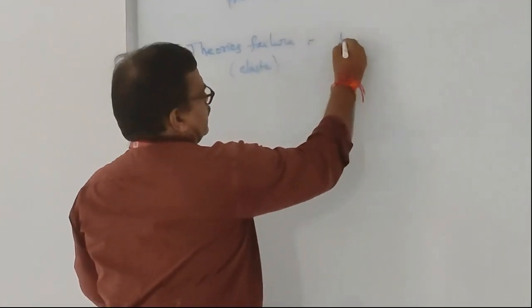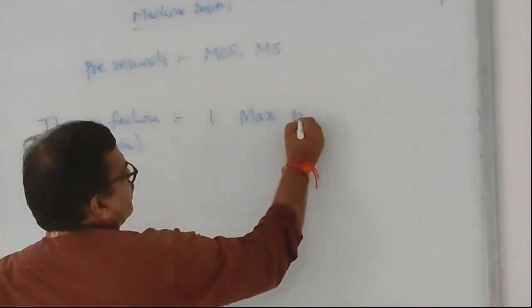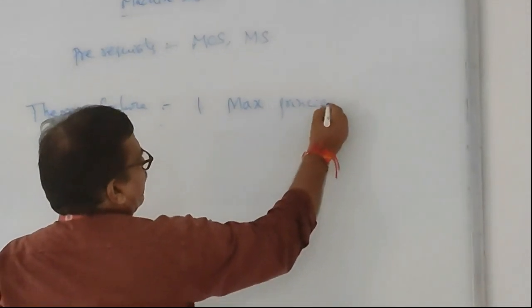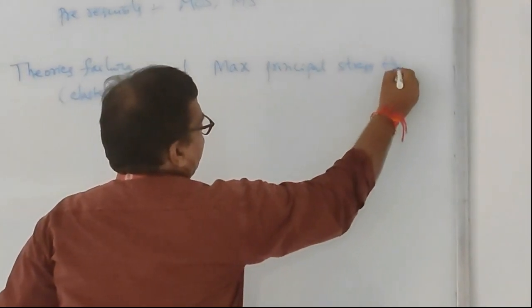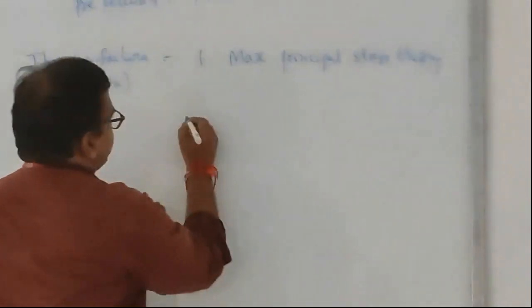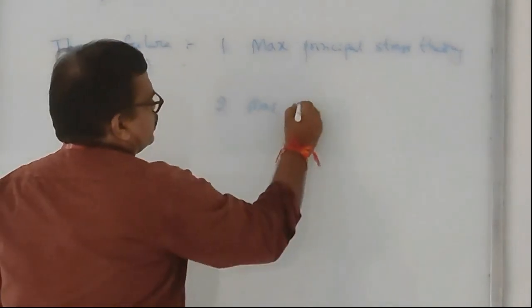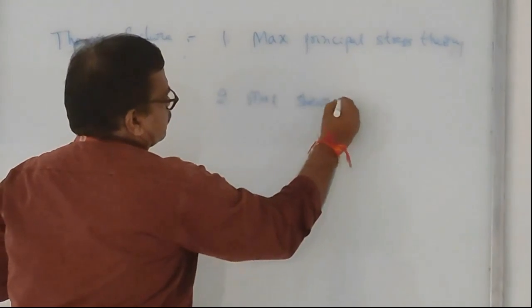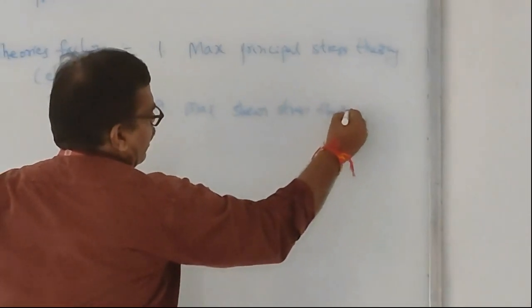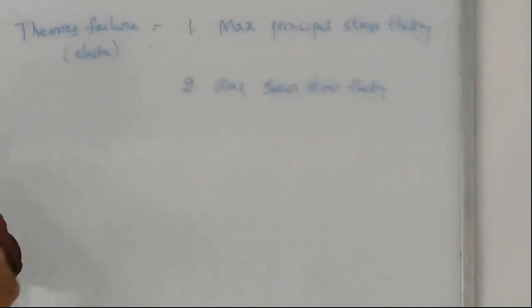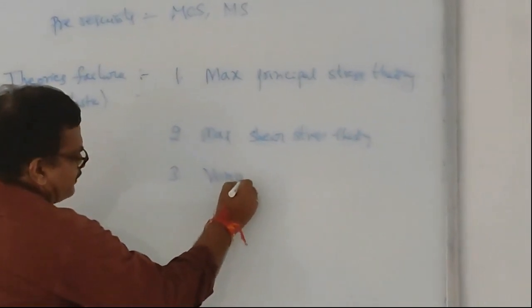The first one is maximum principal stress theory. Second one is maximum shear stress theory. And third one is the von Mises theory.